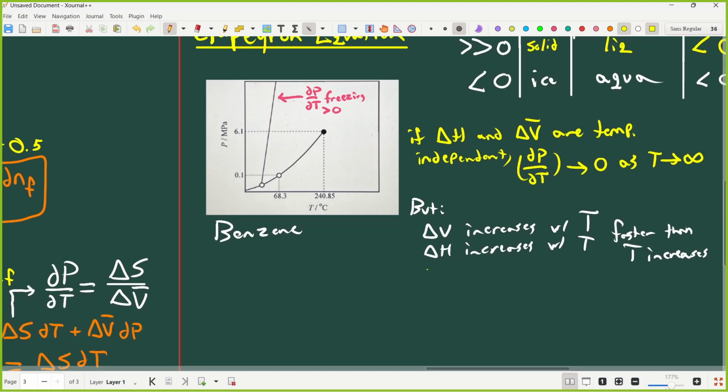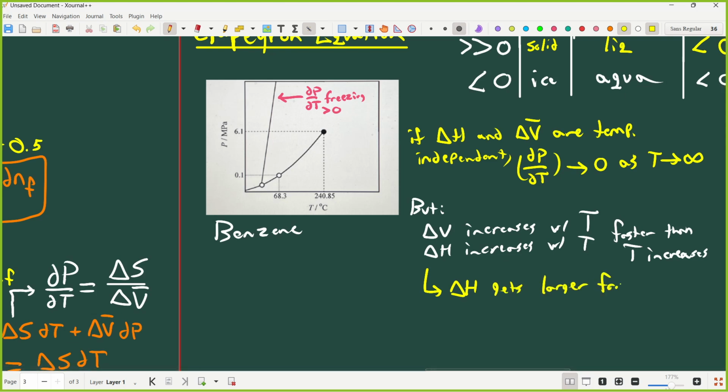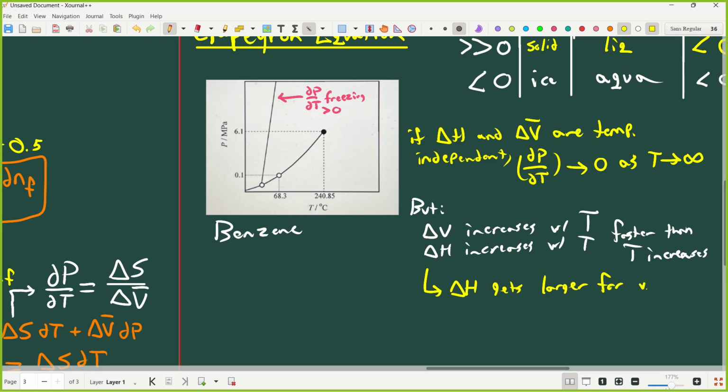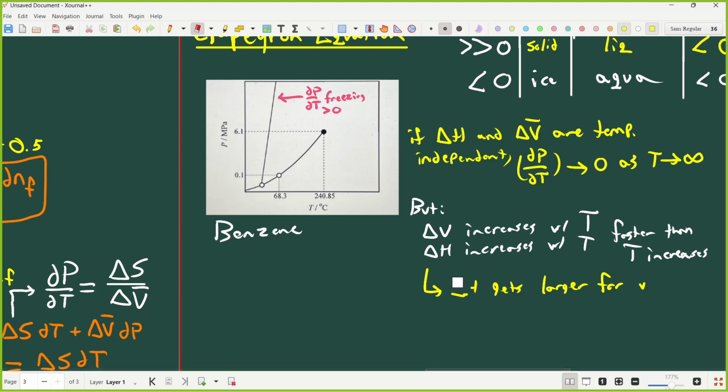Right? Because delta H gets larger for vaporization. Sorry, no it doesn't. It gets smaller. I apologize, I just forgot that. It gets smaller. Let me think about this for a second.